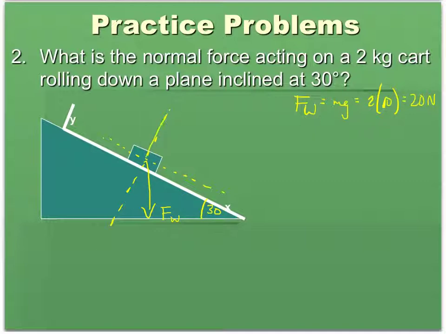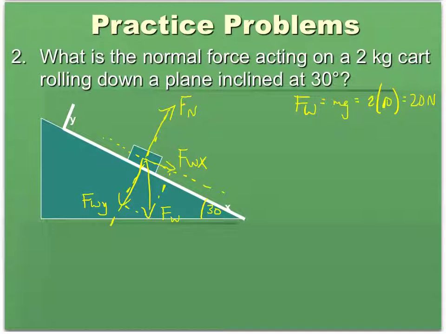I know that my normal force, I can draw in, it's acting perpendicular to that contact surface, and I know that I'm going to have to take my Fw and find its x component and also its y component. Okay.